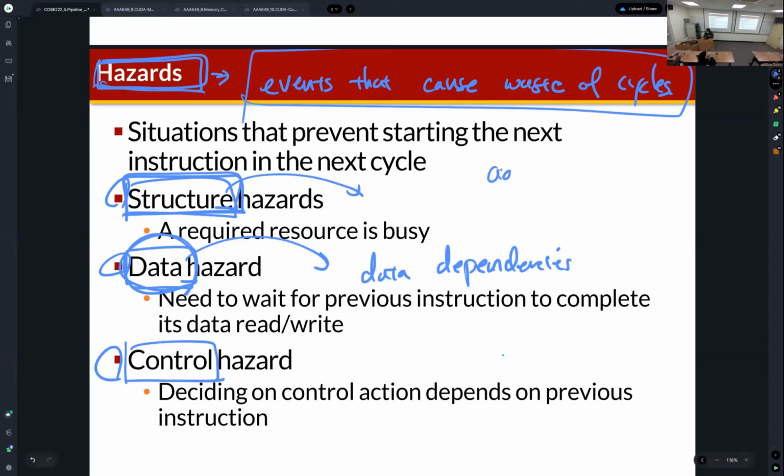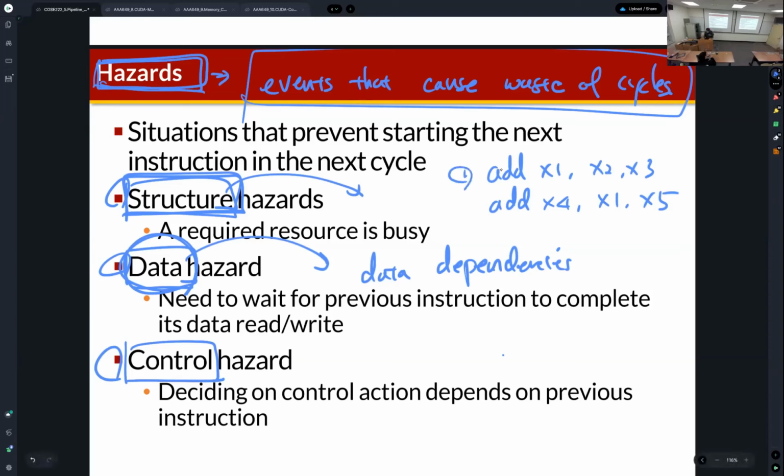For example, add x1, x2, x3, and then the next instruction, add x4, x1, x5. Actually, we use this type of computation, right?